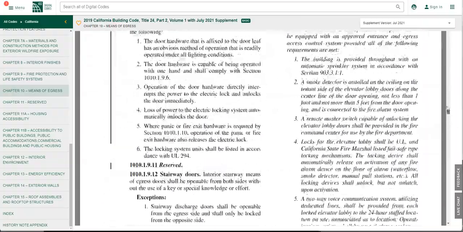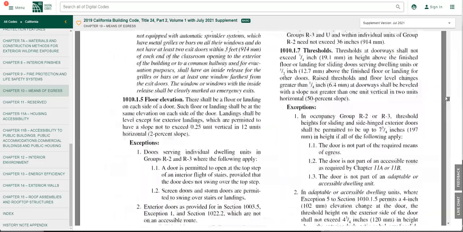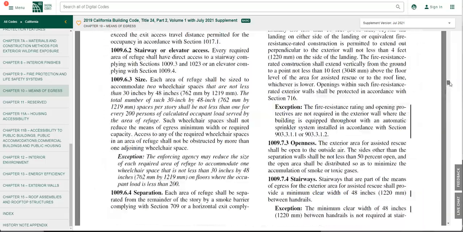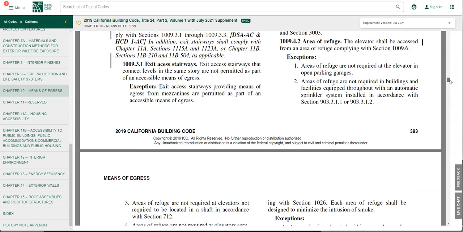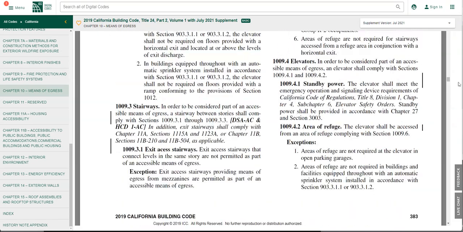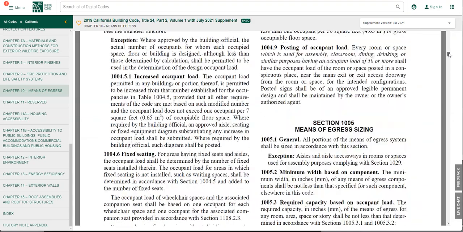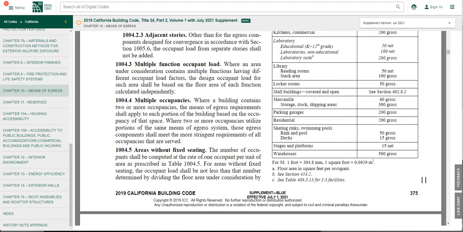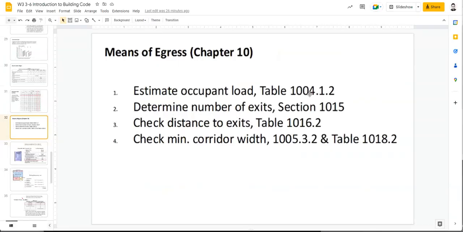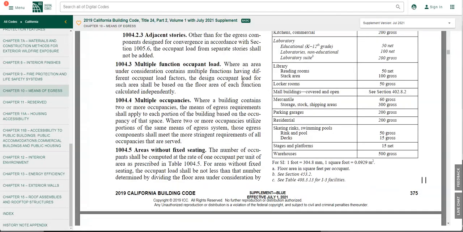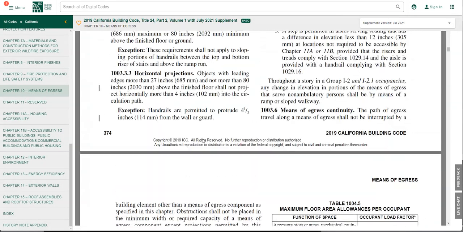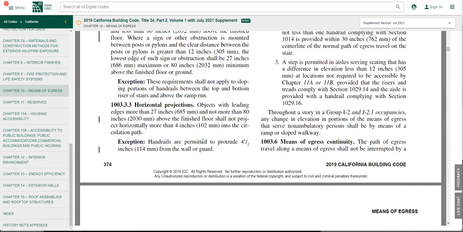You can see this is a very long document. So this is a very thick binder. Okay, so here's 1009. You can go up there to 1004. So here's 1004. In particular, it says 1004.1.2. So .1.2, we passed it.